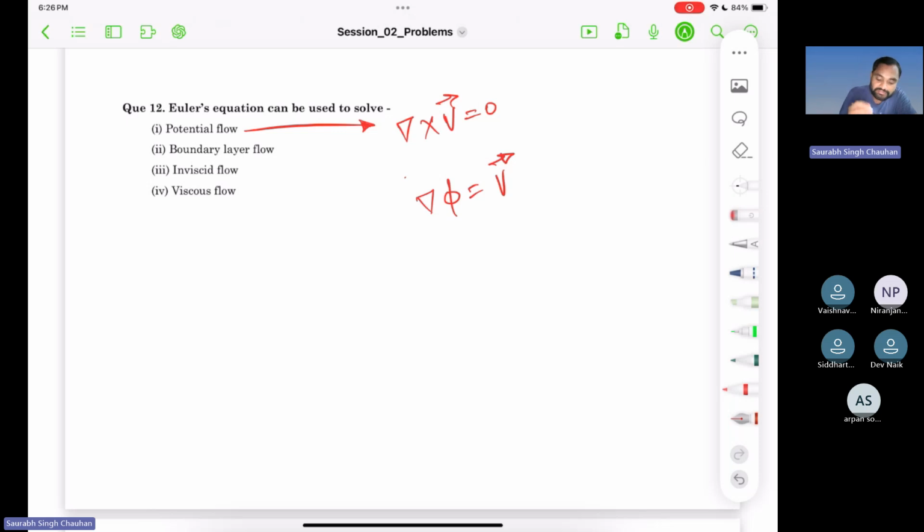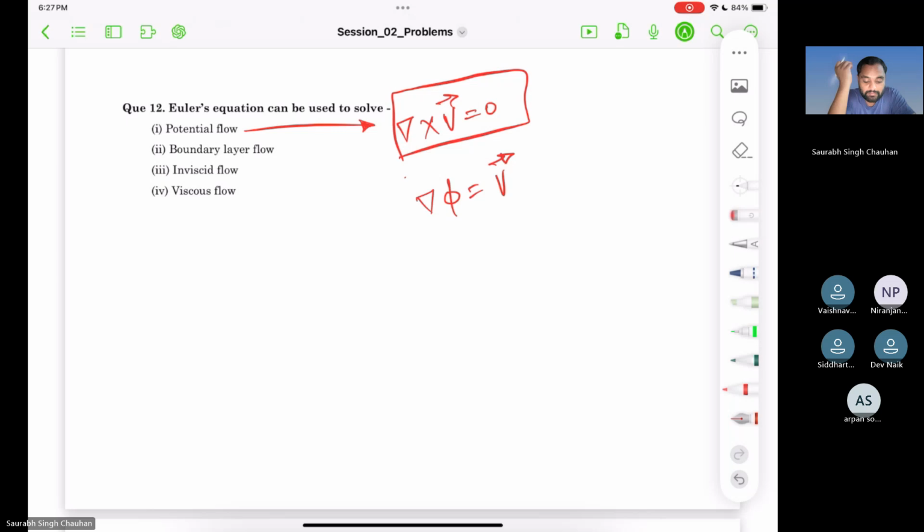Anyways, coming back to fluid mechanics, again I will repeat. When the curl of a field is 0, then you can define a scalar called potential such that the gradient of that scalar will give you that field.